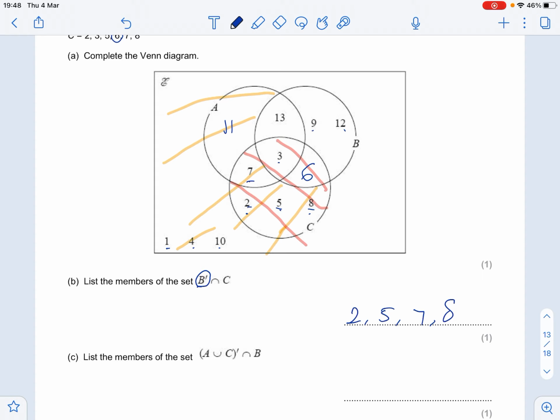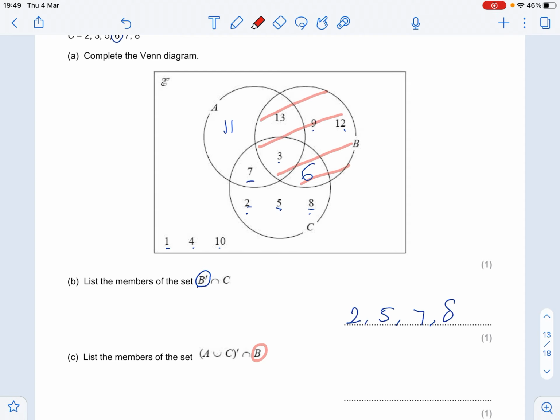Then part C, I'm asked to list the numbers of the set. So let's just clear the screen to help us do our shading. So firstly, what's in B? So B is this circle here.